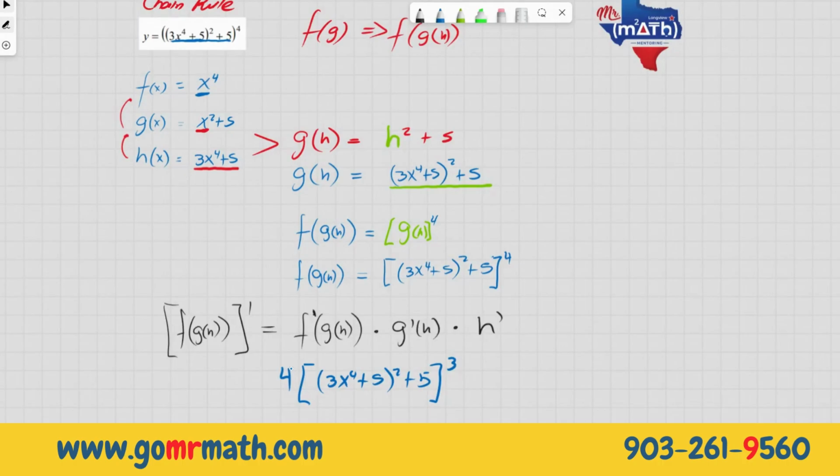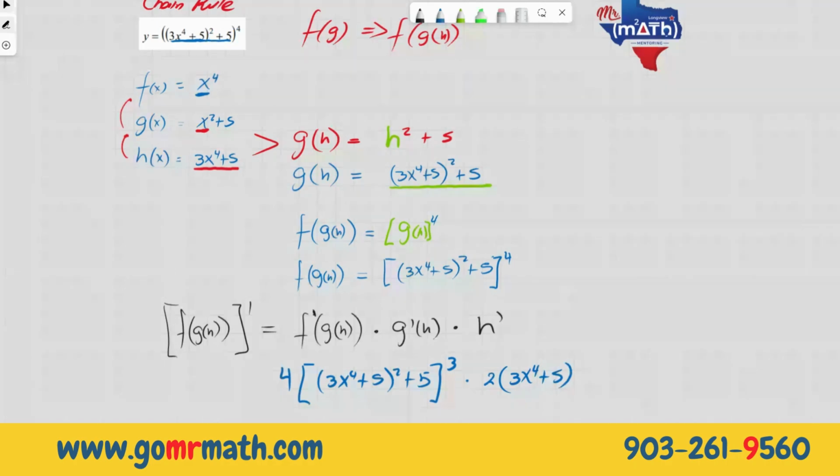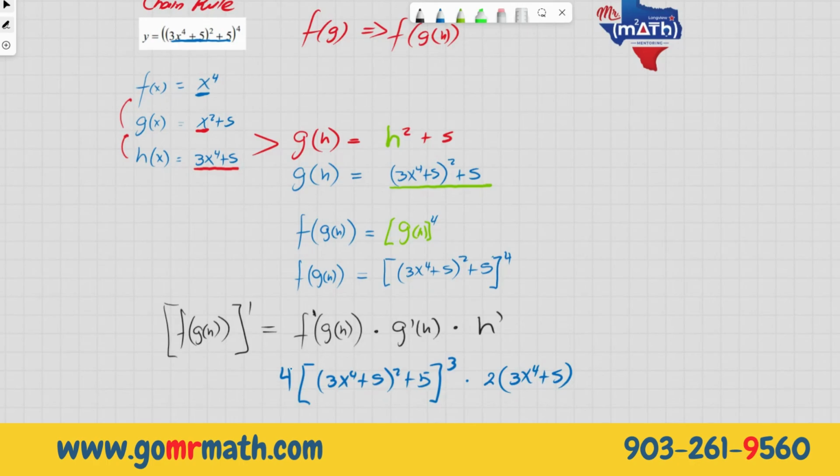The derivative of g of h is just what is inside. Okay, that will be times 2 that multiplies 3x to the 4 plus 5. And the derivative of this 5, of course, is 0. Times now the derivative of h, which will be 12x to the cube. And this is the solution of my y prime.